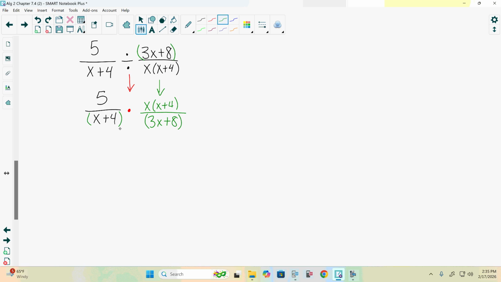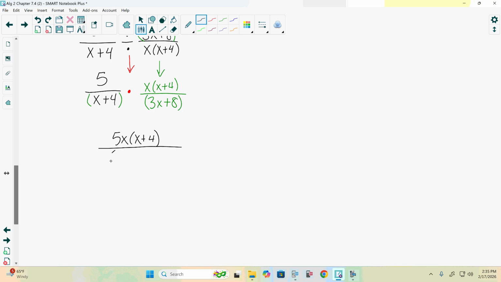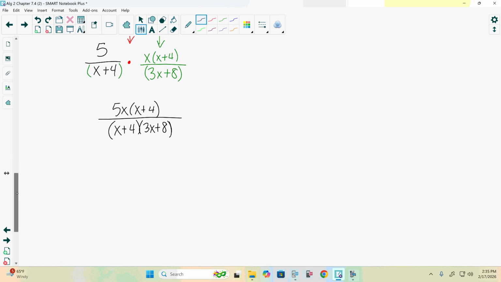Now we just need to multiply. On top, we're multiplying the 5 with x and x plus 4. On bottom, we're multiplying the x plus 4 and 3x plus 8. Questions on this here?